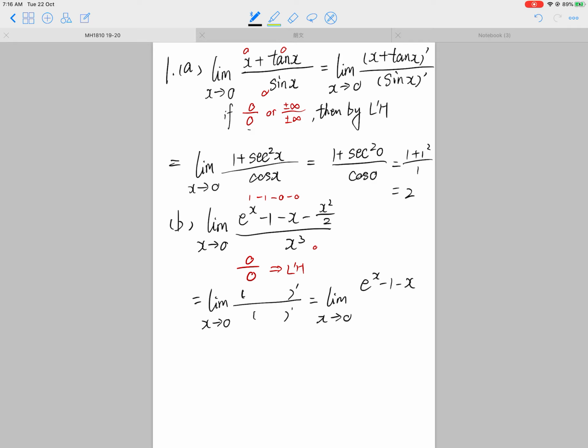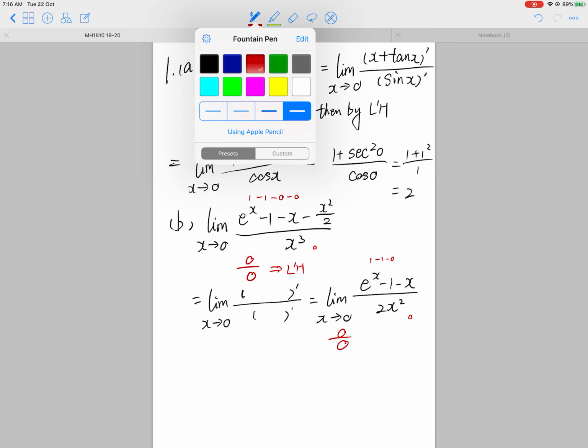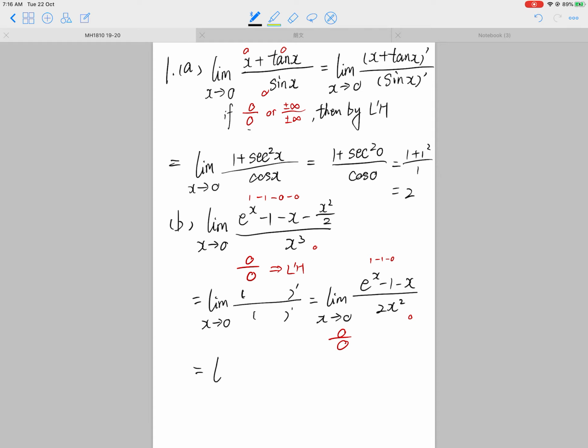The bottom's derivative is 2x squared. So now when you put 0 in, you get 1 minus 1 minus 0 over 2 times 0 squared. So it's still 0 over 0. So what can you do now? You can use L'Hopital's rule again.